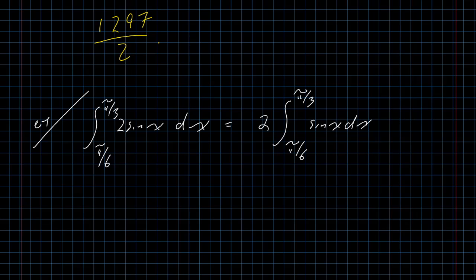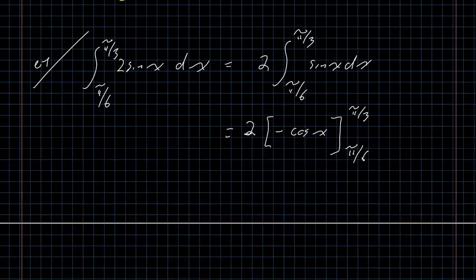And then the antiderivative of sine is the negative of cosine. So we're going to have negative of cosine of x, and we're going to evaluate that at our limit points, pi over 6, pi over 3.